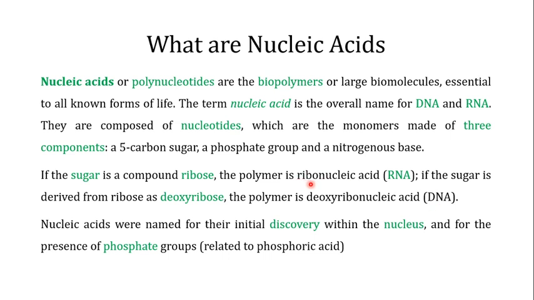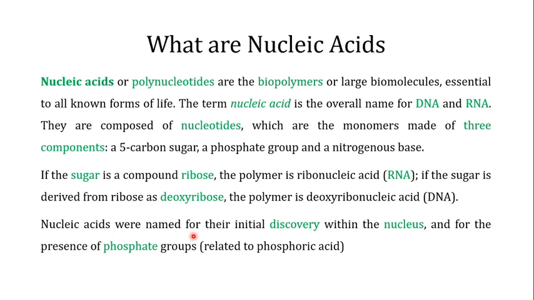So this ribo term in the ribonucleic acid indicates that the sugar that is present is a ribose sugar, and this deoxyribo term in the DNA refers to the sugar that is present being the deoxyribose.